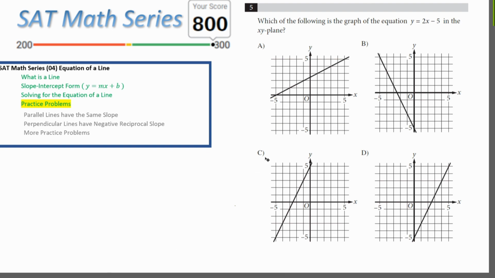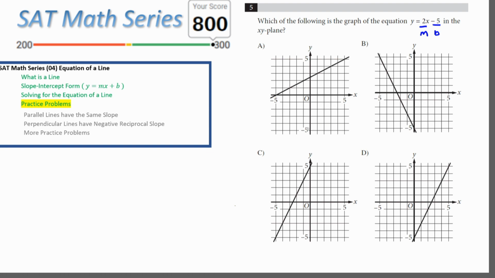This problem is rather easy if you know what you're doing, and that reads, which of the following is the graph of the equation y = 2x - 5 in the xy-plane? We recognize it's in slope-intercept form, and that this is our slope, and that this is our y-intercept. And as you can see, if you plug in 0, y is equal to -5. We can really quickly find the y-intercept.